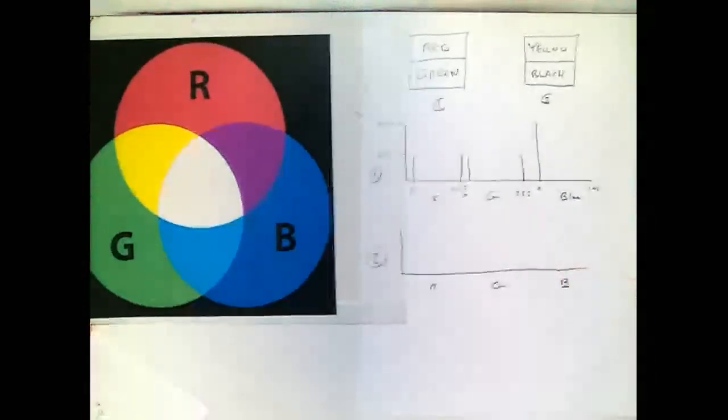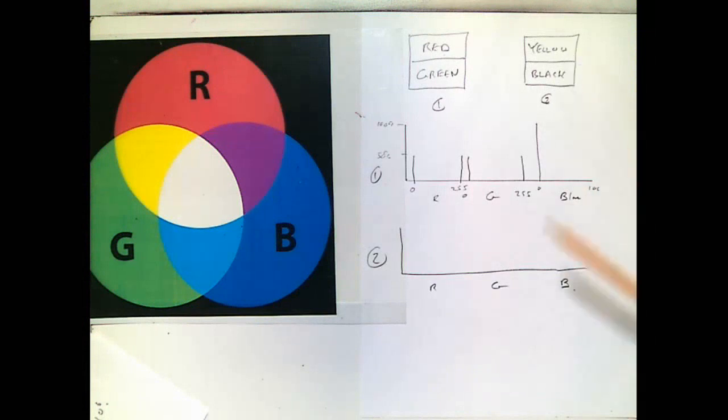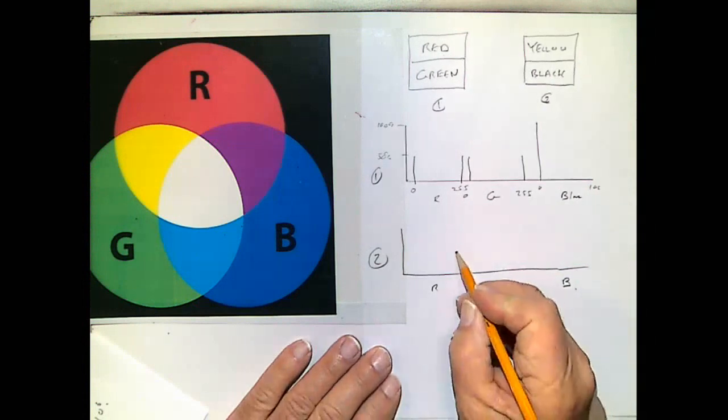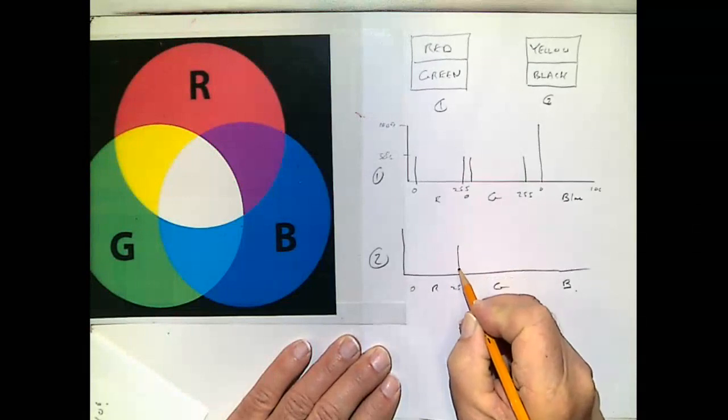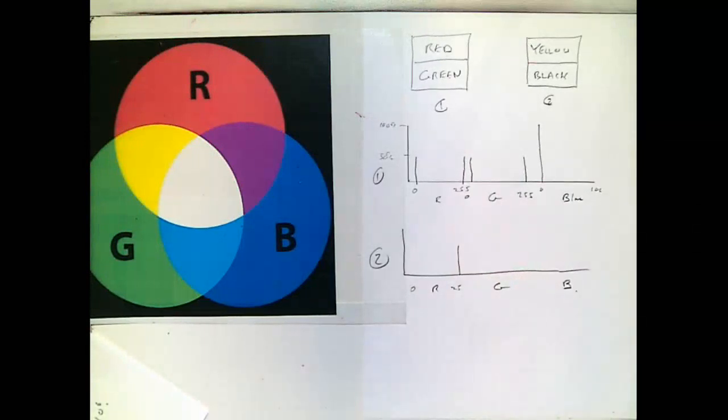The amount of red in the yellow, 50% of the pixels will be max red, 0 to 255. And in the bottom half, the black, the red portion of the black pixels will be 0. 50% will be 0.